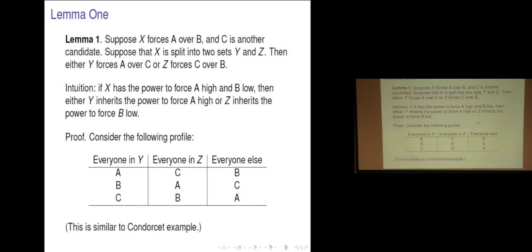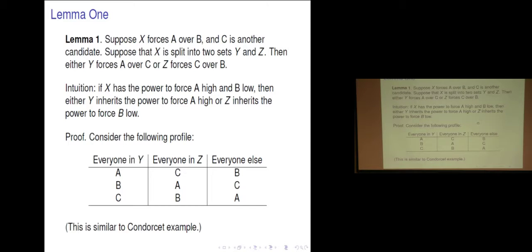The first column is the set Y, everybody inside Y. The second column is everybody inside Z. And then everybody else is here. So I put the situation like this: ABC, CAB, BCA. This is like the Condorcet example.